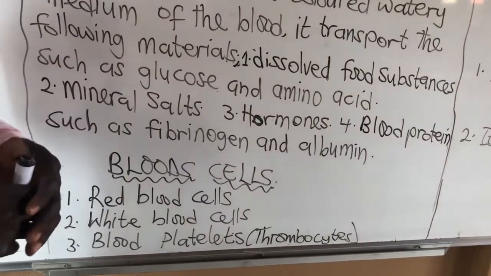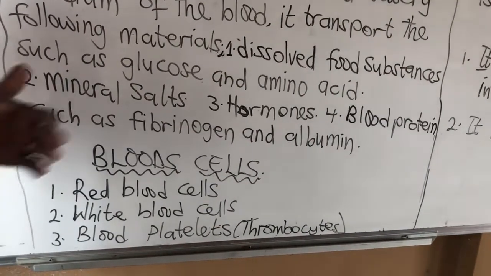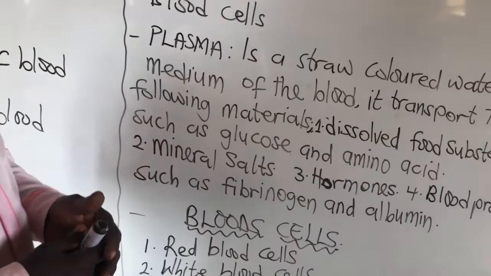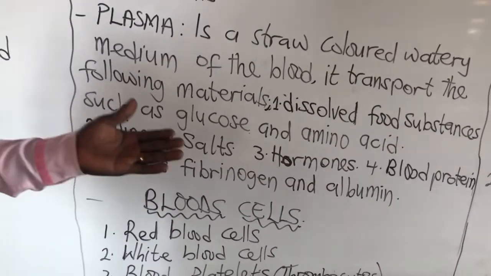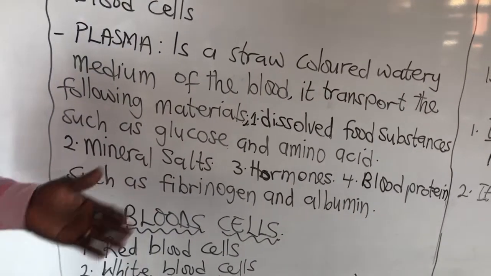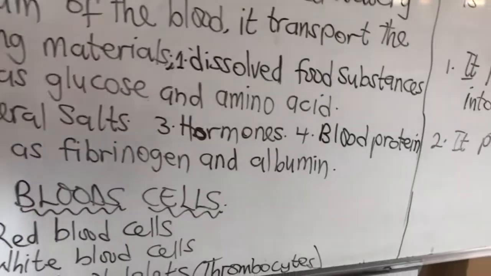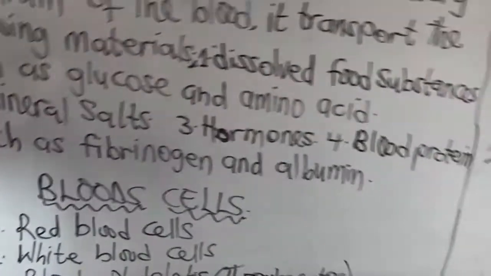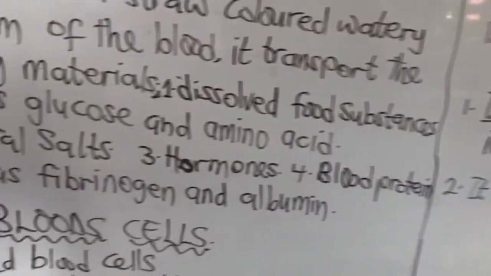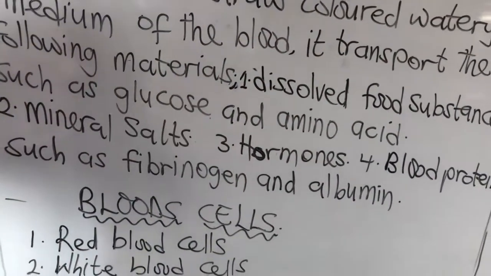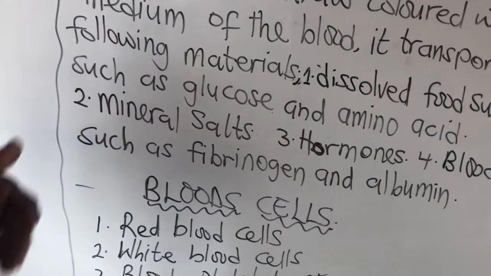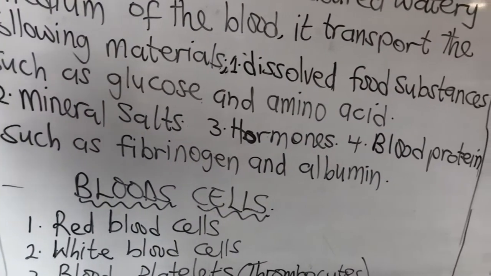And amino acid is also the byproduct of protein. Examples of protein are beans, meat, egg, and the rest. These food substances, after digestion, turn into amino acid, and these substances mix with the blood and are transported by the plasma.